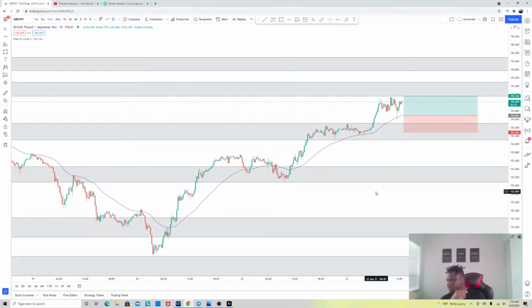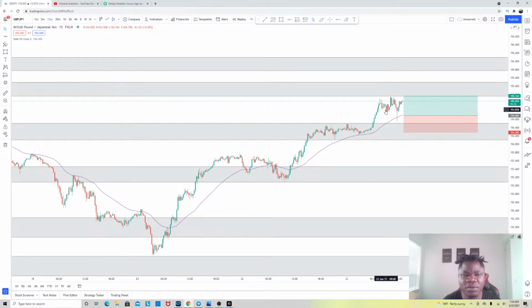Schumann says, can we still get in GBP JPY? No, because right now GBP JPY is actually consolidating, as you guys can see here on the 15-minute time frame. So if you want to get in on GBP JPY, you're going to have to wait and see for price to break the next resistance zone, and then you can get in for price to continue going bullish.